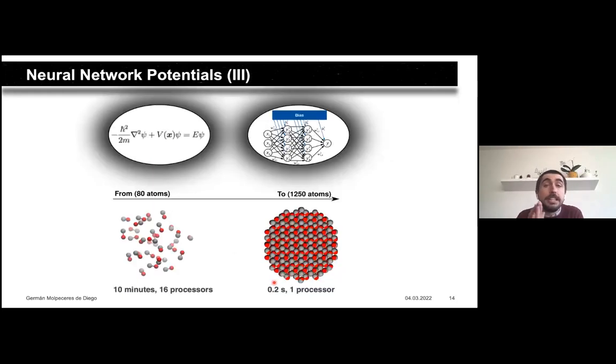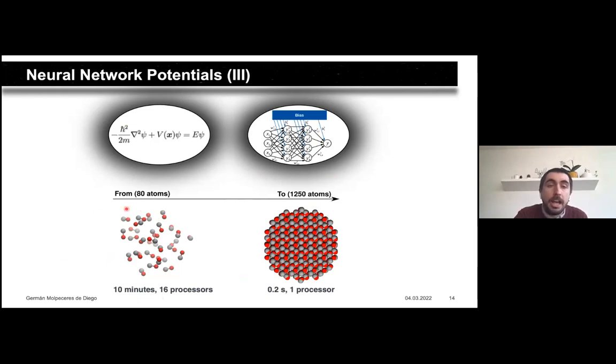And therefore, the general strategy for these methods is going from a physical-based method, based, for example, on the Schrödinger equation, to data science methods that allow us for moving from systems of a handful of atoms, tens of atoms, to systems with thousands of atoms with an incremental increase in the cost of the calculation.